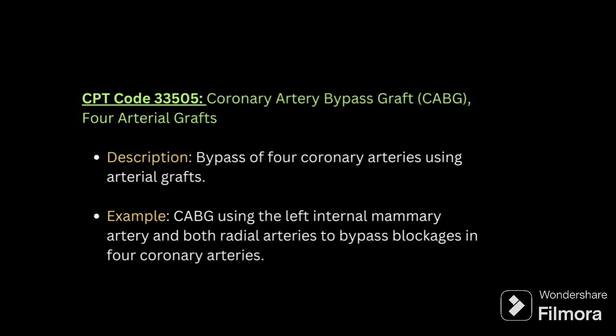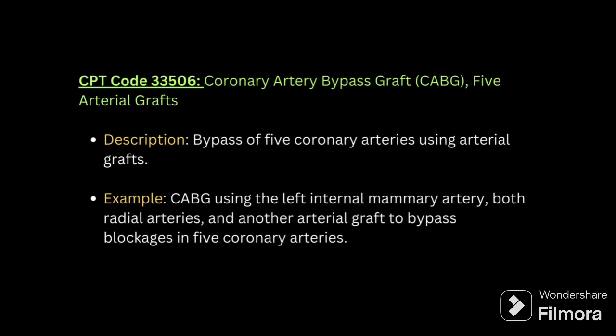For this we are giving 33505. The description of this code is bypass of four coronary arteries using arterial grafts. Next is 33506. Here the coronary artery bypass graft is done. The question will be CABG using the left internal mammary artery, both radial arteries and another arterial graft to bypass blockages in five coronary arteries. So here we are giving 33506, bypass of five coronary arteries using arterial grafts.